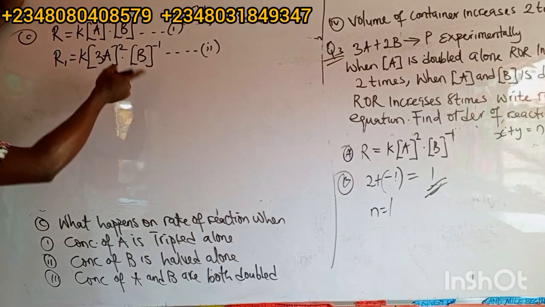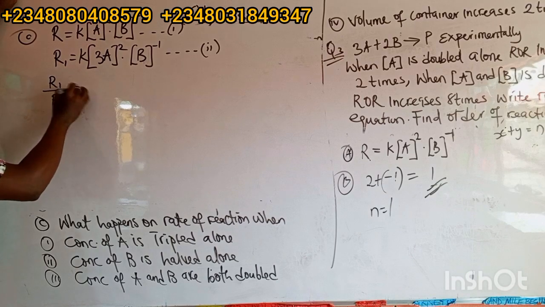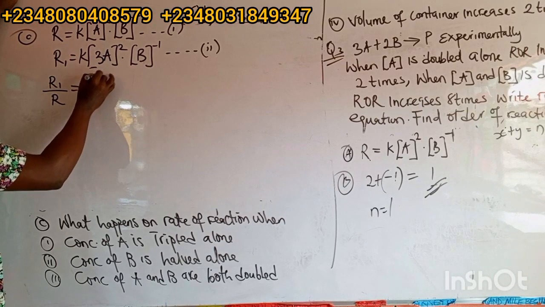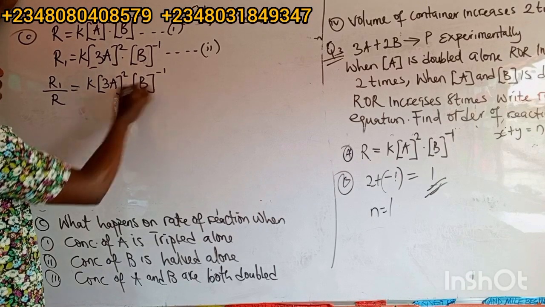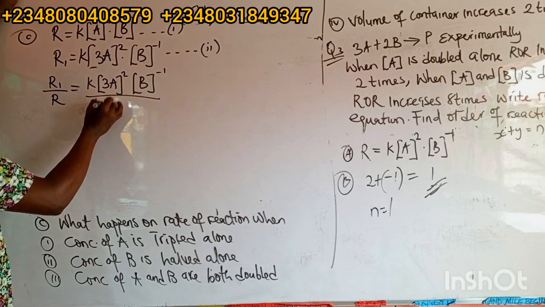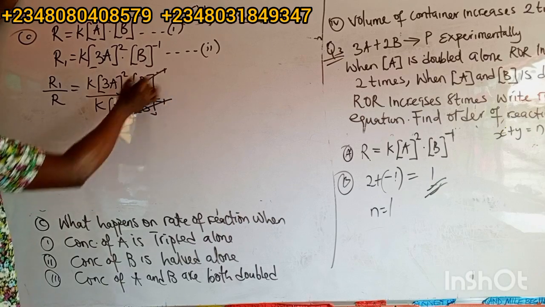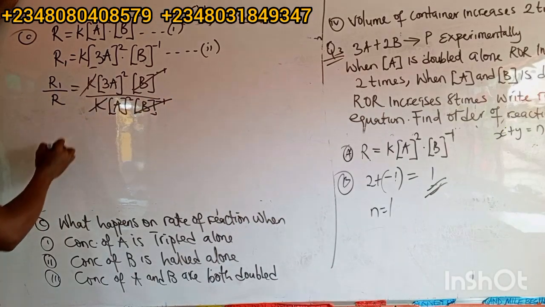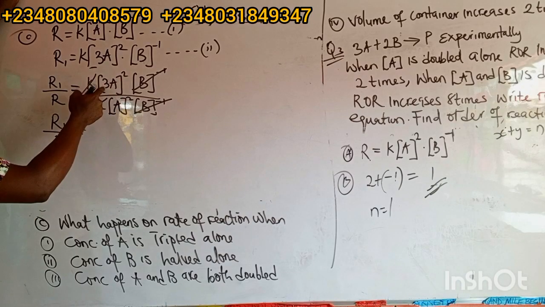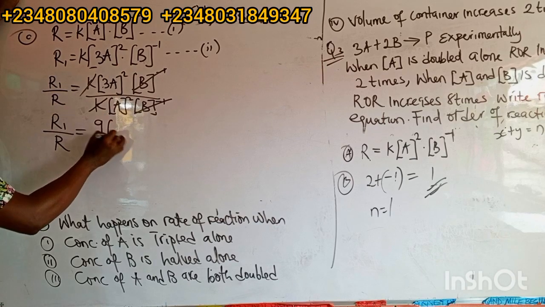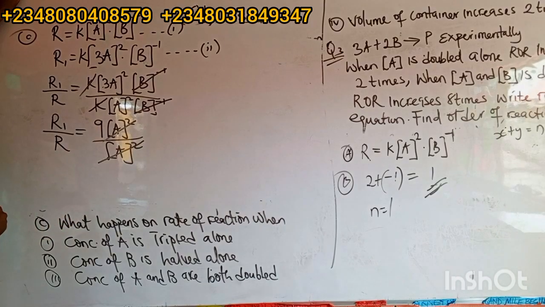Divide equation 2 by equation 1. For equation 2, I have R1 over R equal to K into 3A raised to power 2, B raised to power minus 1, over equation 1, K A raised to power 2, B raised to power minus 1. This cancels this, simple. What do I have? R1 over R equal to 3 raised to power 2, that is 9, then A squared over A squared.